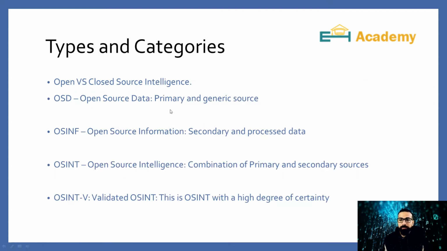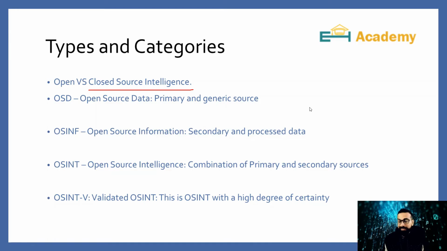All right, so we have types and categories. The very first term is open versus closed source intelligence. As I said, open source intelligence is analyzing all the data that is publicly or openly available.